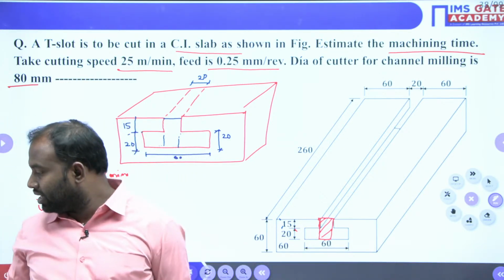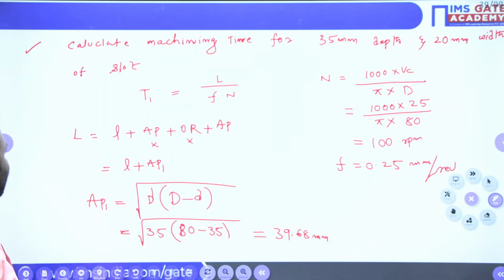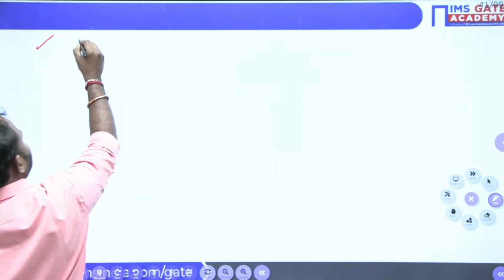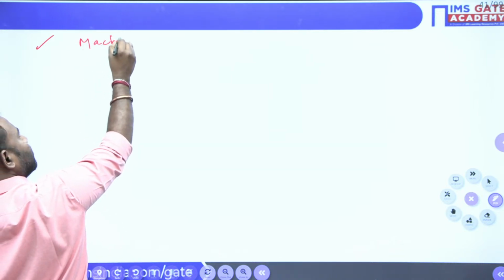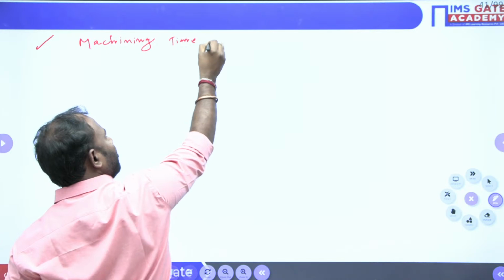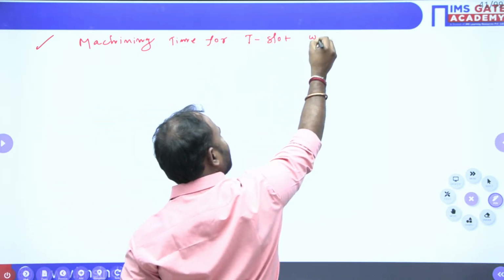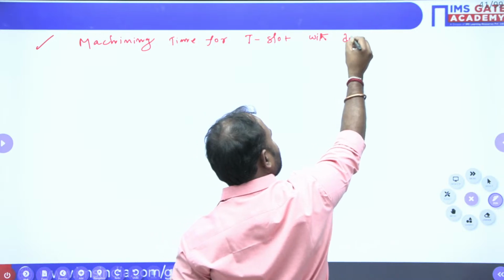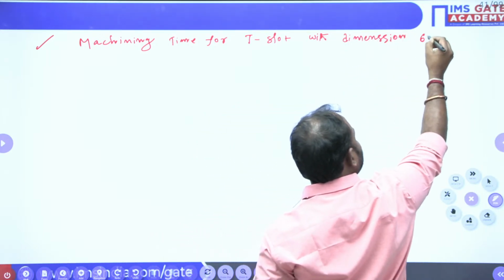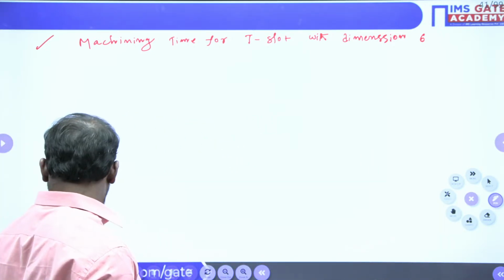Okay, right. Now let us go for calculating the machining time for T slot. Machining time for T slot with dimension 20 by 60.